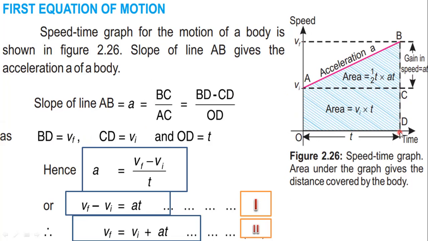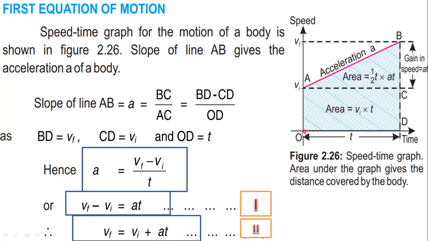So that's why we can represent this line as VF, that is the final velocity. And CD, you can see this CD is from 0 to this VI. So the length of this line is VI. VI is the initial velocity. So CD is represented by VI, that is the initial velocity, and OD.